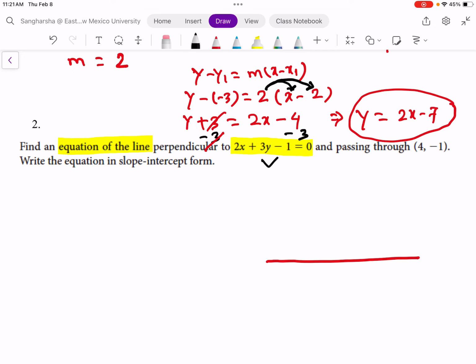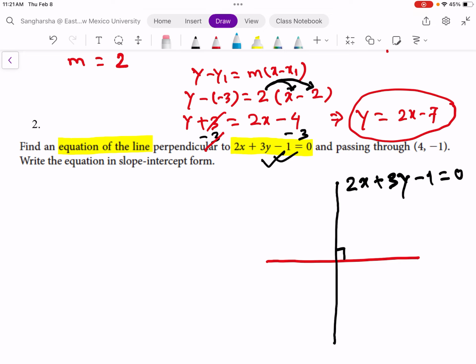So let's draw a perpendicular line. So we have this perpendicular line. The angle has to be 90 degrees, and this line is 2x plus 3y minus 1 equals 0. These two are perpendicular, and the red line is passing through 4, negative 1.